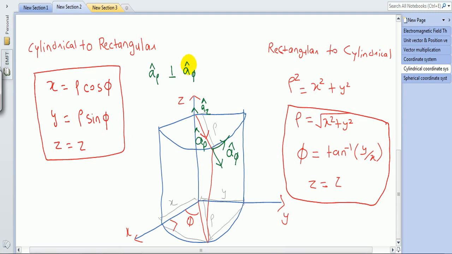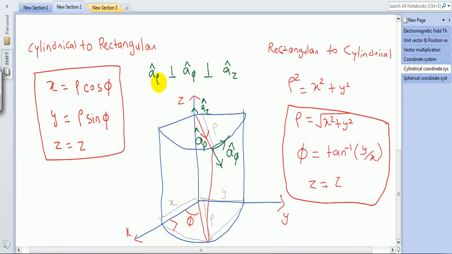As in the case of the rectangular coordinate system, the a x cap, a y cap, and a z cap, all the three unit vectors were perpendicular to each other. Here also all the three unit vectors a rho cap, a phi cap, and a z cap are mutually perpendicular.